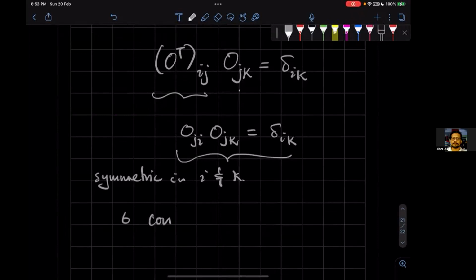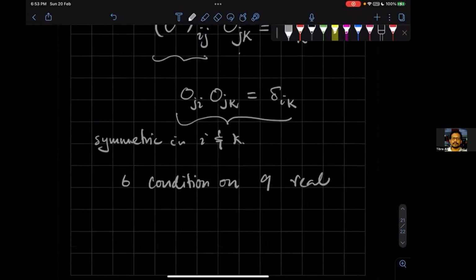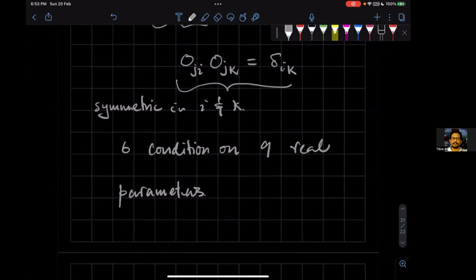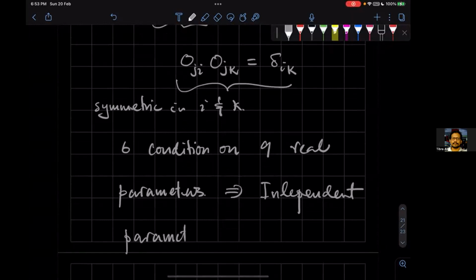So there are 6 conditions on 9 real continuous parameters. That means that the independent parameter space is 3-dimensional.